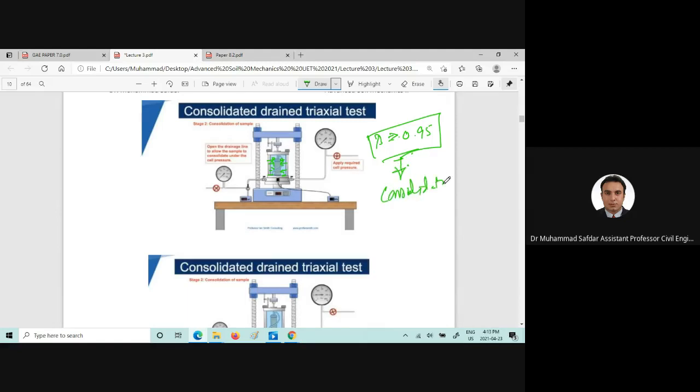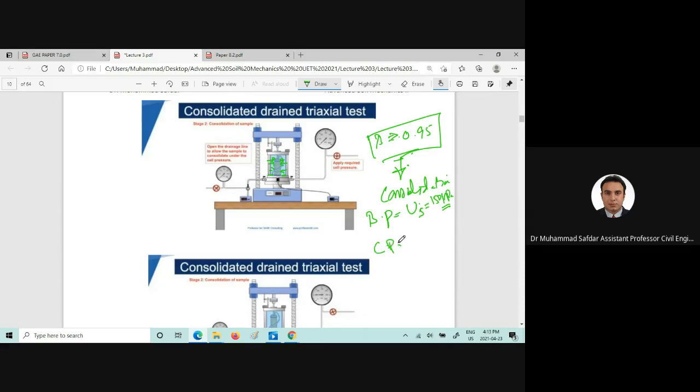In the consolidation stage, the back pressure, which in Geotech 2 undergrad we call the static pore water pressure, because back pressure and pore water pressure would be the same. So we will get 150 kilopascal of back pressure, which we can call the static pore water pressure.